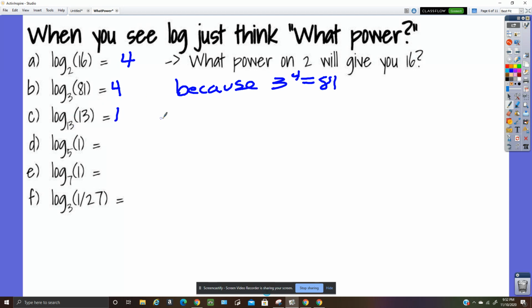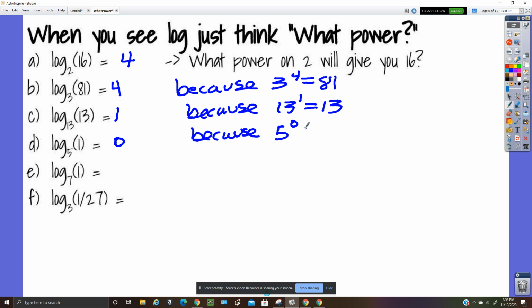And this is 1 because 13 to the 1st is 13. And this is 5 to the 0. Oops. And then 7 to what power is 1?